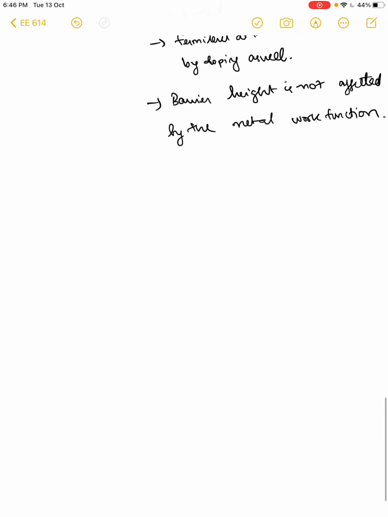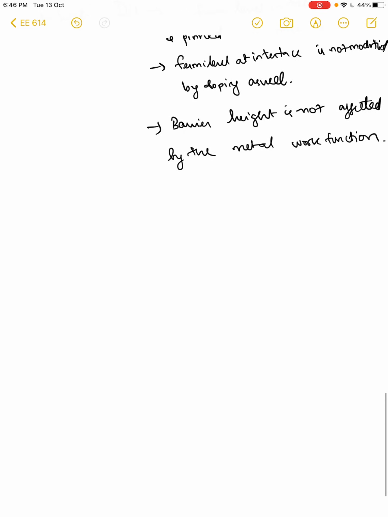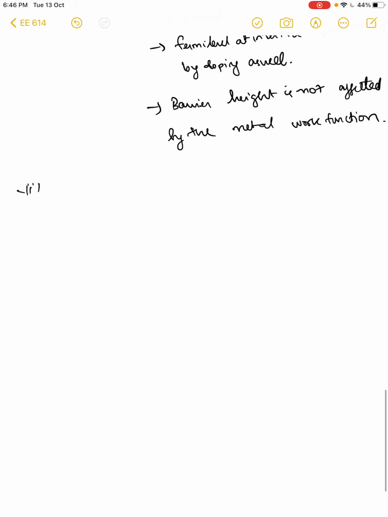So with this treatment, let us see another way in which barrier height can be modified, which is called barrier height adjustment.